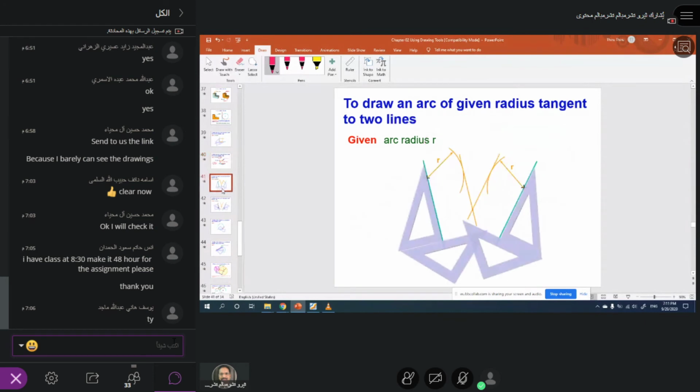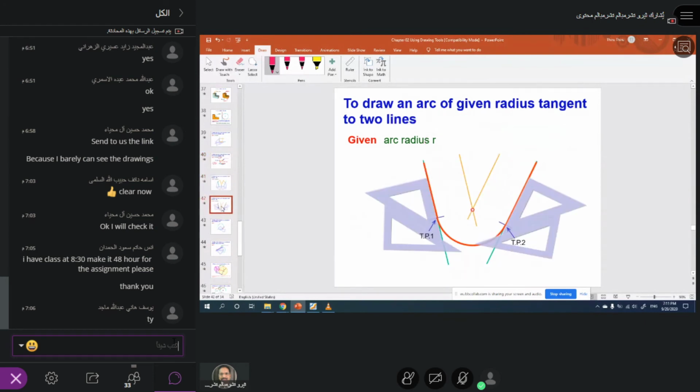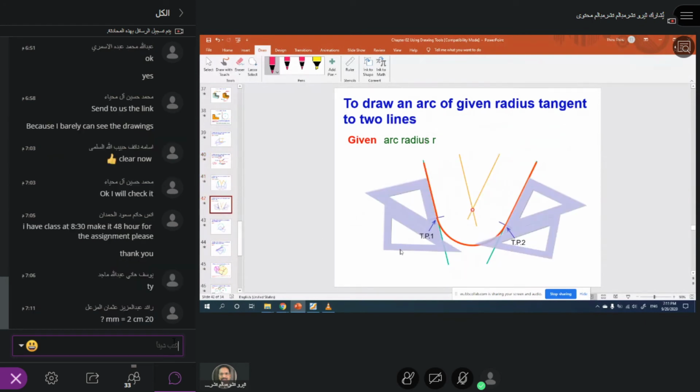The second one is what you're going to do is this one. So here you draw the two lines. Like I said here, take 45, and then this radius is, let's say, 15 mm. Here also 15 mm.